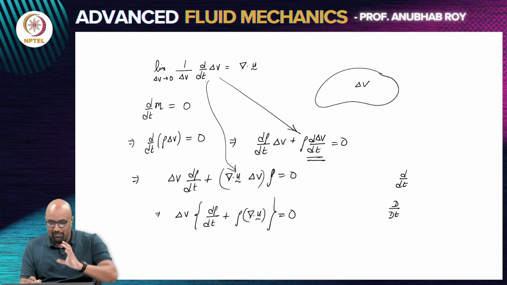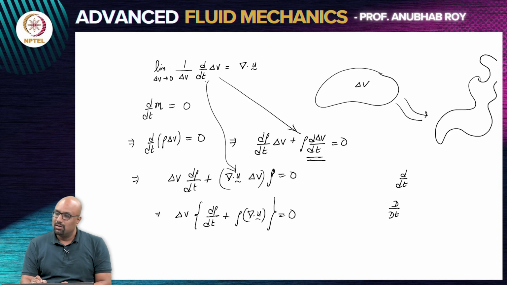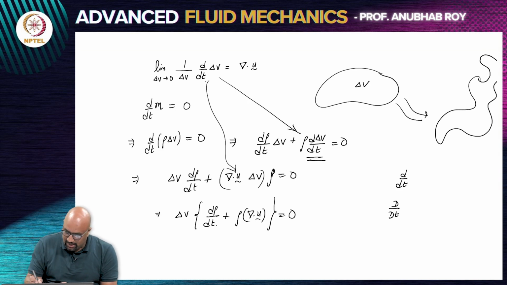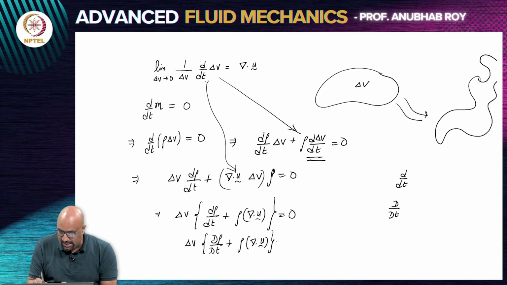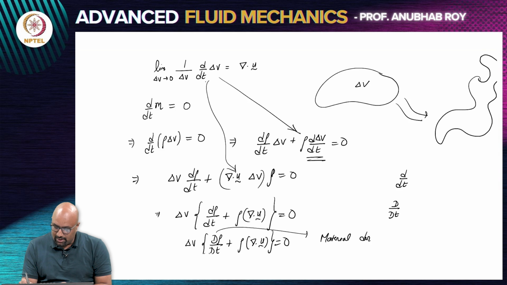So as the volume element evolves and turns into something else, let us say the volume element becomes something more complicated in shape in future, I am basically doing this measurement while following this volume element. So it is better to just keep that distinction. So I am going to write this as capital D dt of rho plus rho divergence of u. So this quantity is a material derivative.